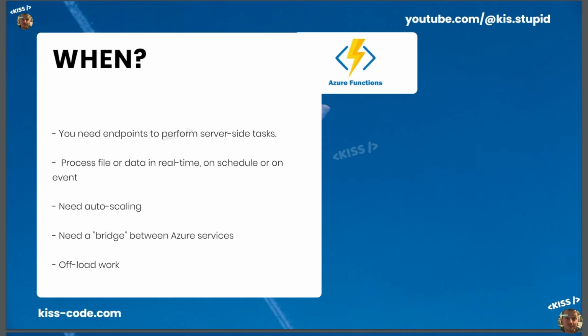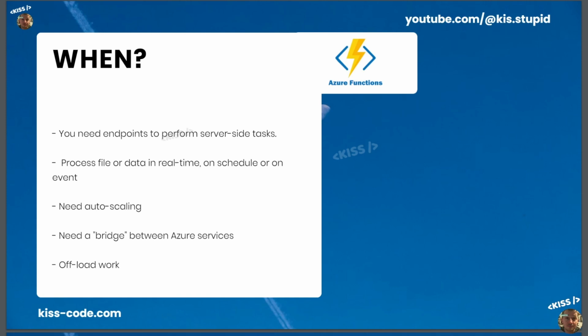So when to consider an Azure Functions app with one or more endpoints is when you need to perform server-side tasks. Let's say you just created your front-end only Blazor WebAssembly application and you deployed that as a static web app to Azure for free, because you can host those for free.